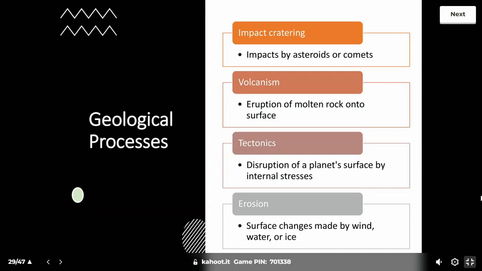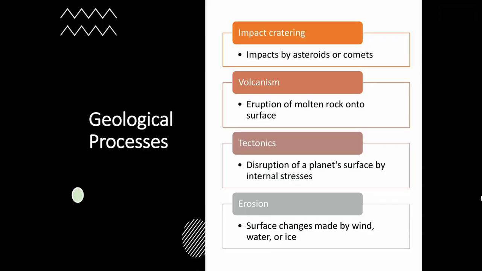So the geological processes that will shape the surface of a planet, there are a few different ones. Impact cratering, so this is objects from outside of your planet, from space, hitting the surface. Volcanism, so you can have some of that material from the mantle erupting up through the surface.